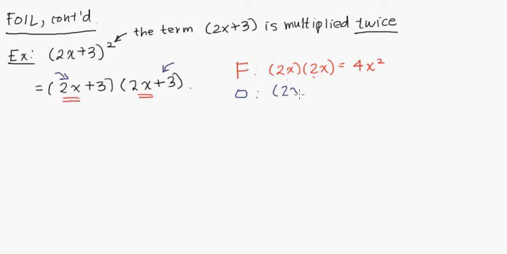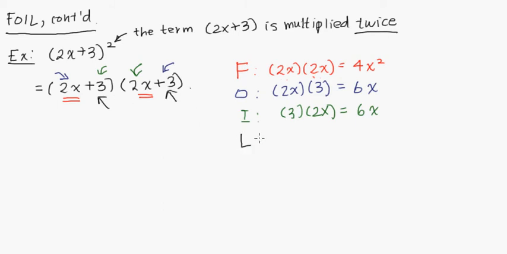So we have 2x times 3, which is 6x. And finally we have inner, which is 3 and 2x. 3 times 2 is 6 times x. And finally we have last. So that's the last term of each of the factors, and 3 times 3 is equal to 9.